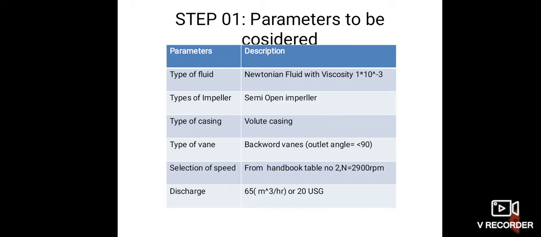Then types of vanes. There are three types of vanes available in the market: forward, backward, and radial vanes. Forward vanes are used in turbo machine applications where we produce work, such as turbines. But for work-absorbing turbo machines, for example pumps and centrifugal compressors, we use backward vanes, with outlet angle phi less than 90 degrees. Why?